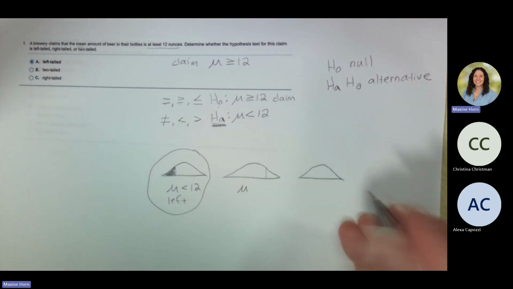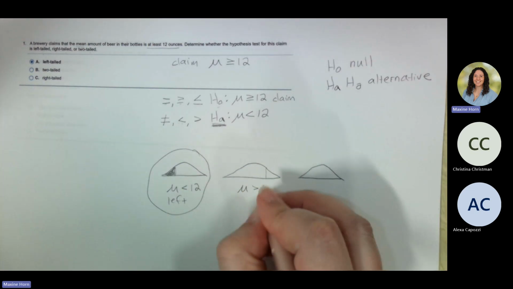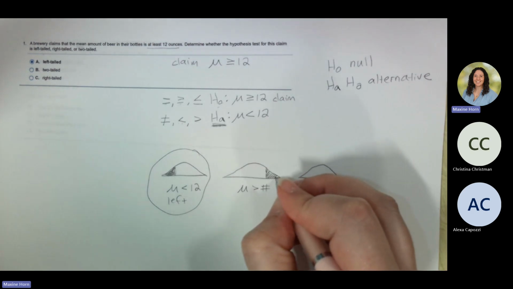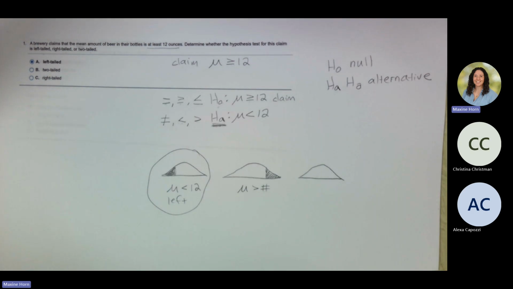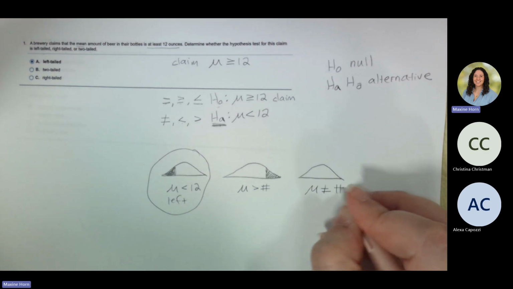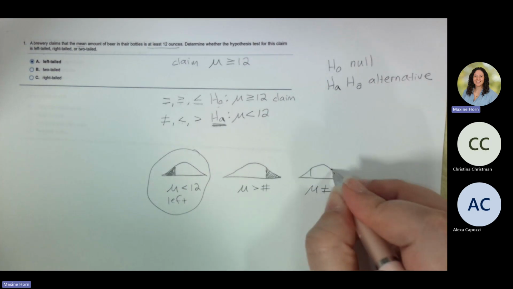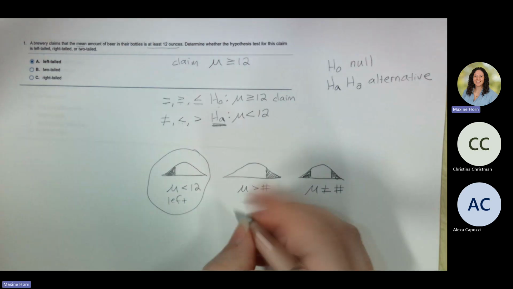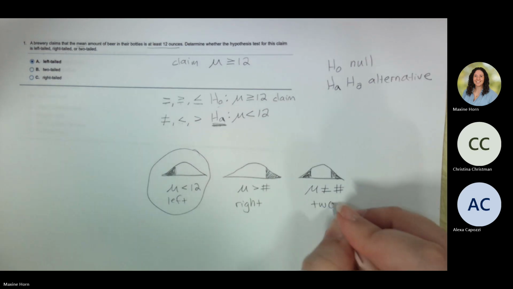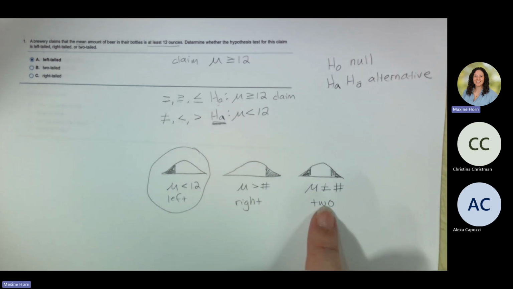But just to show you the other examples, if something was greater than, we would have a right-tailed hypothesis. And if something was not equal to, we would have a two-tailed hypothesis. So left tail, right tail, two tail.